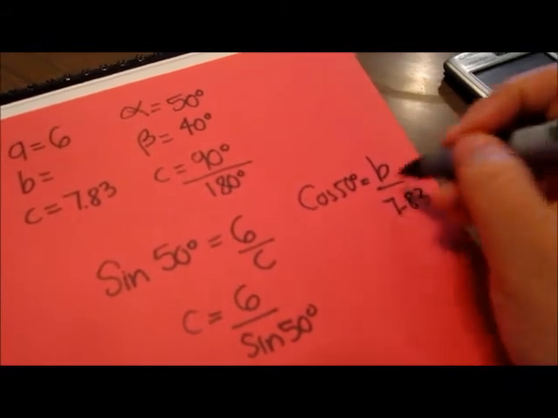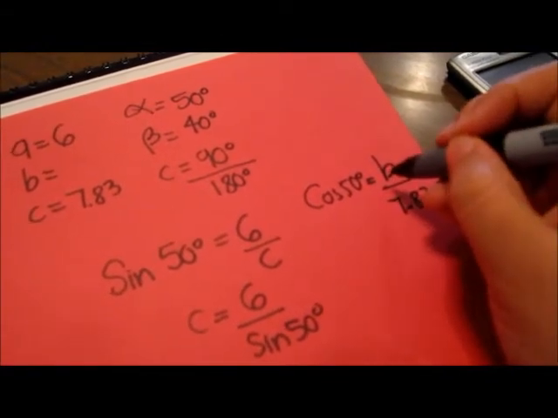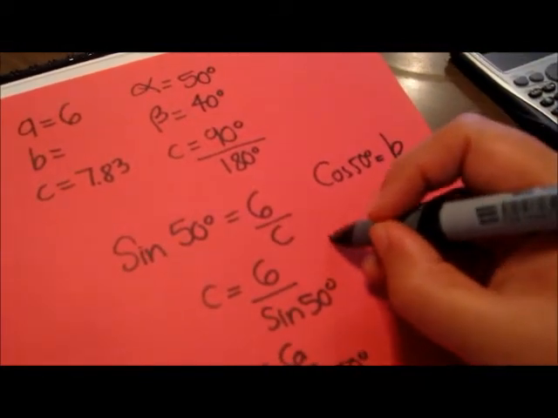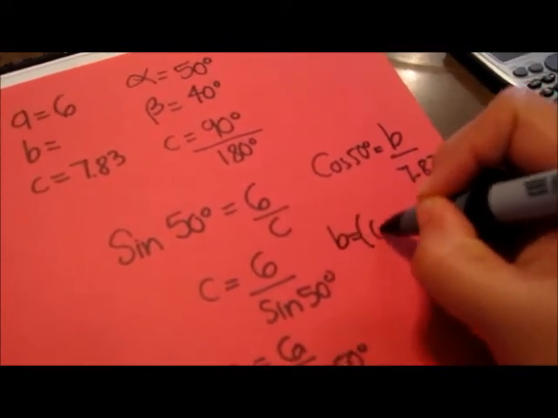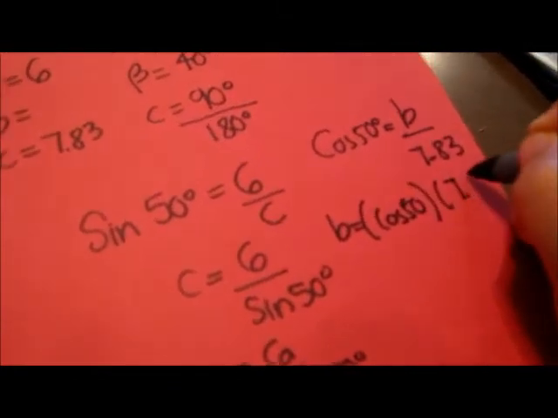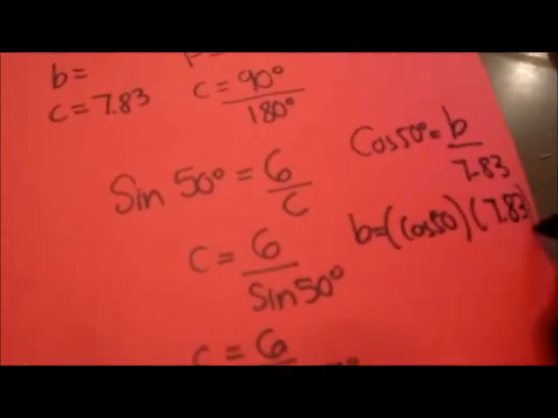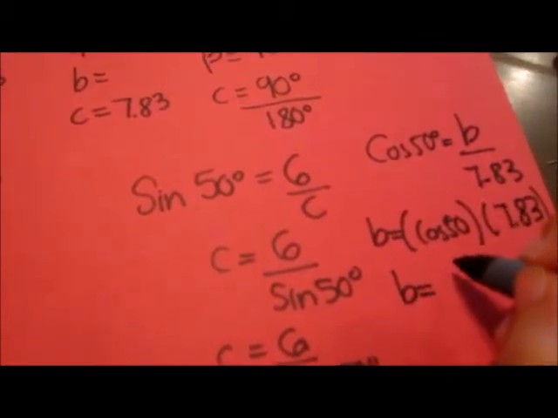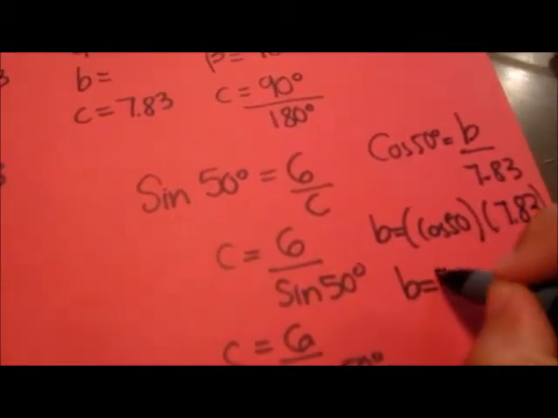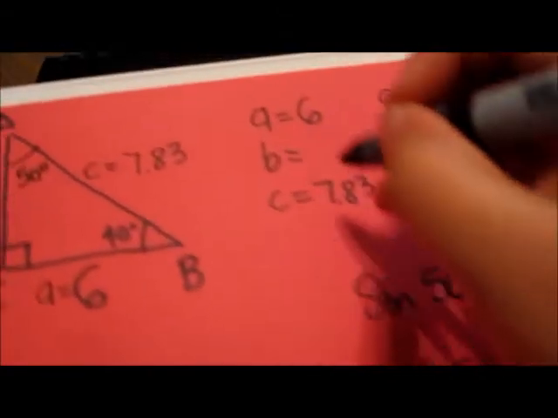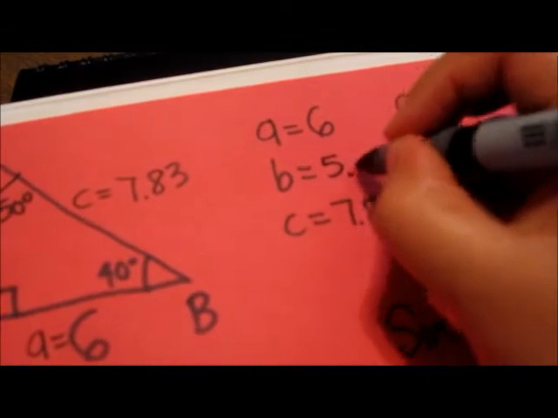Since the 7.83 is dividing B, we need to pass to the other side multiplying the cosine. So B equals cosine of 50 times 7.83. And this equals 5.03. So we found our missing length.